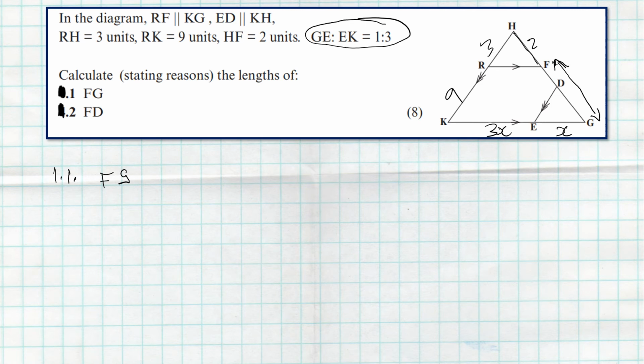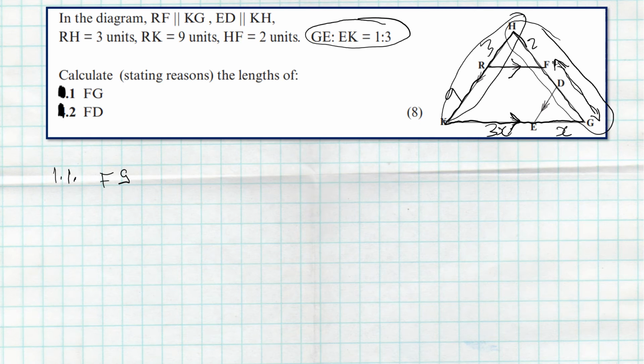If you trace this bigger triangle like this, you can see that it's easier to use this one, where RF is parallel to KG, because we can easily calculate the length of FG. If we get the ratio between this side and also this side, then we can get the length of FG. You must be able to identify it like that.